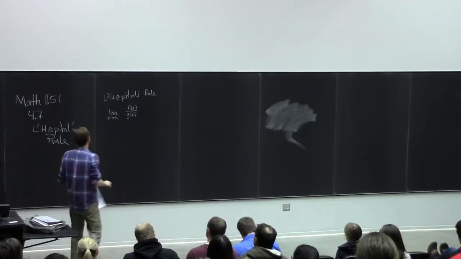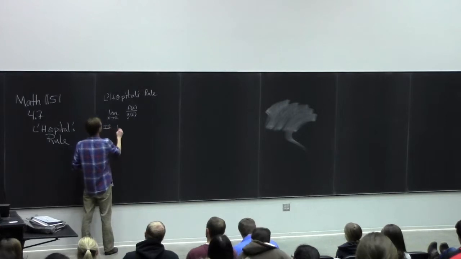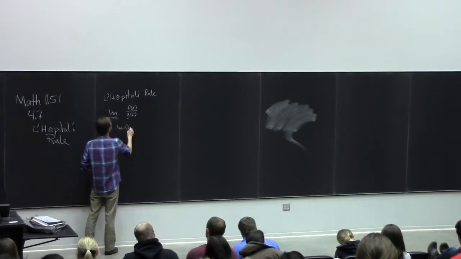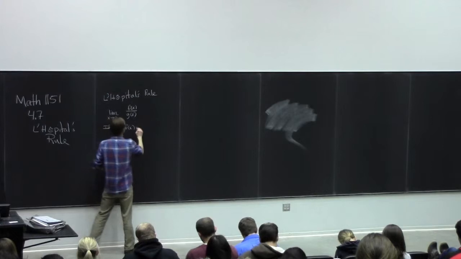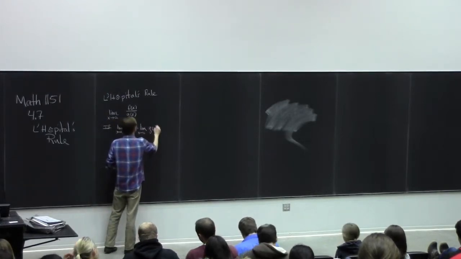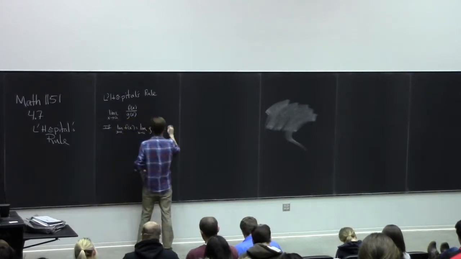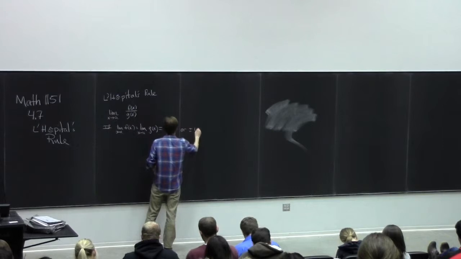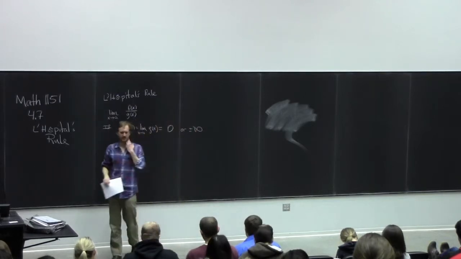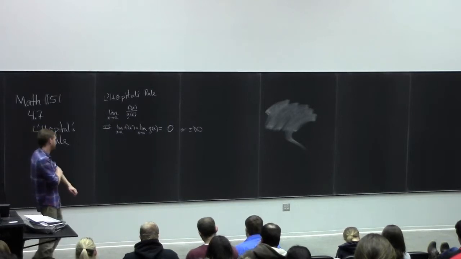All right, so if the limit of f of x as x goes to a equals the limit as x goes to a of g of x, and if this is equal to 0 or plus minus infinity, and it doesn't matter if one could be plus infinity, the other one could be minus infinity.